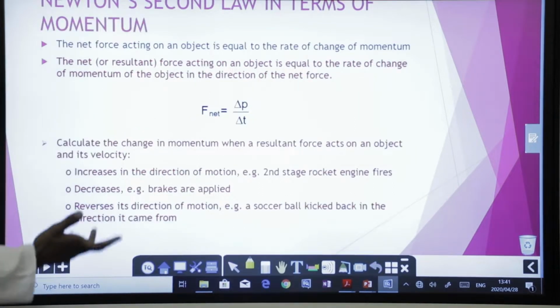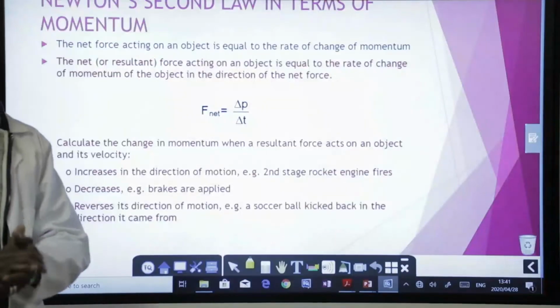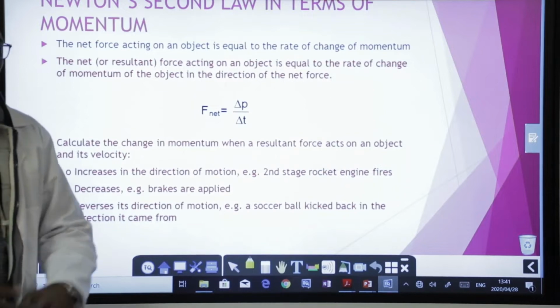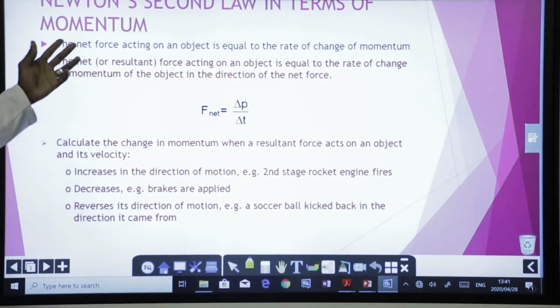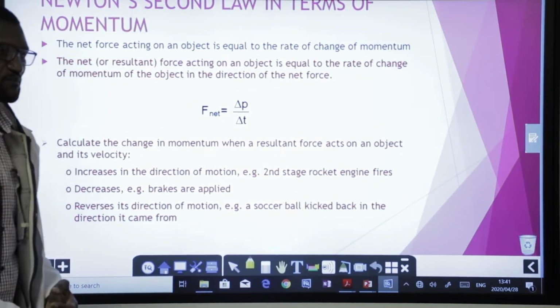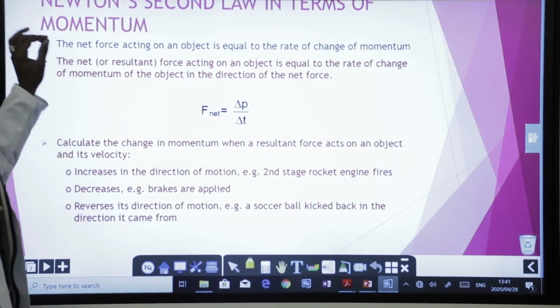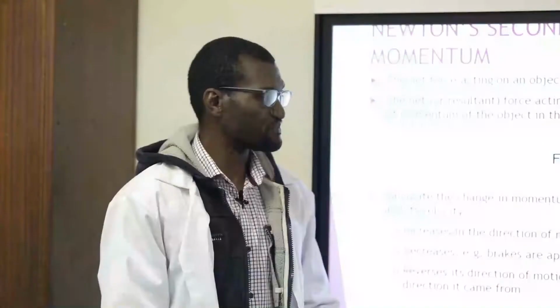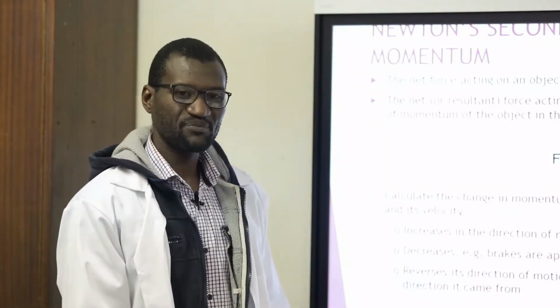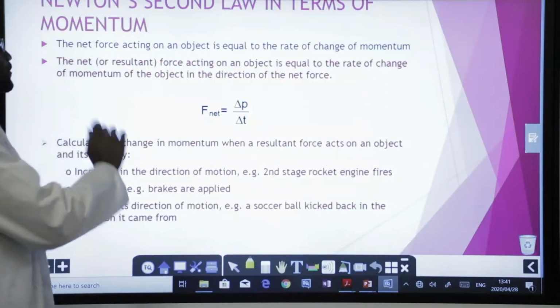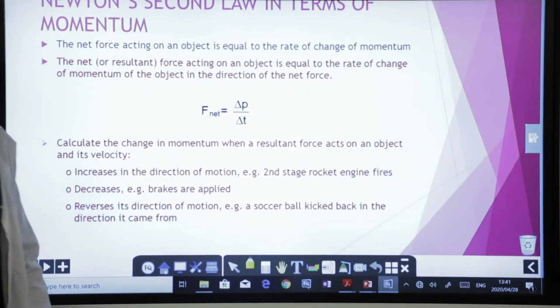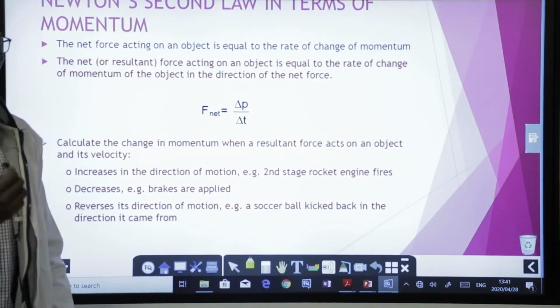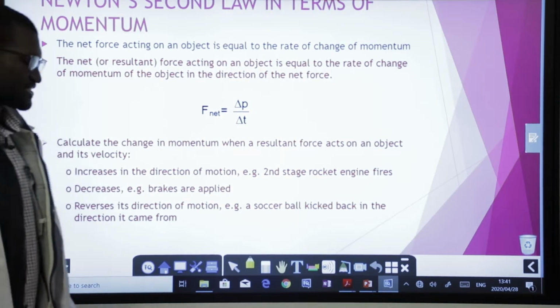Let's move on and dig deeper into momentum. I know at some point in time we talked about Newton's laws. And one interesting law that we use for calculation is Newton's second law. We can express Newton's second law in terms of momentum. How do we do that? By stating that the net force acting on an object is equal to the rate of change in momentum.